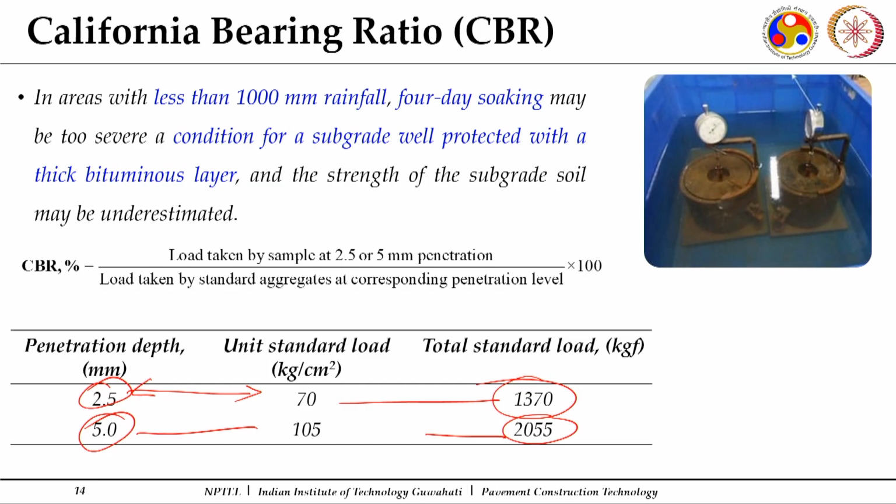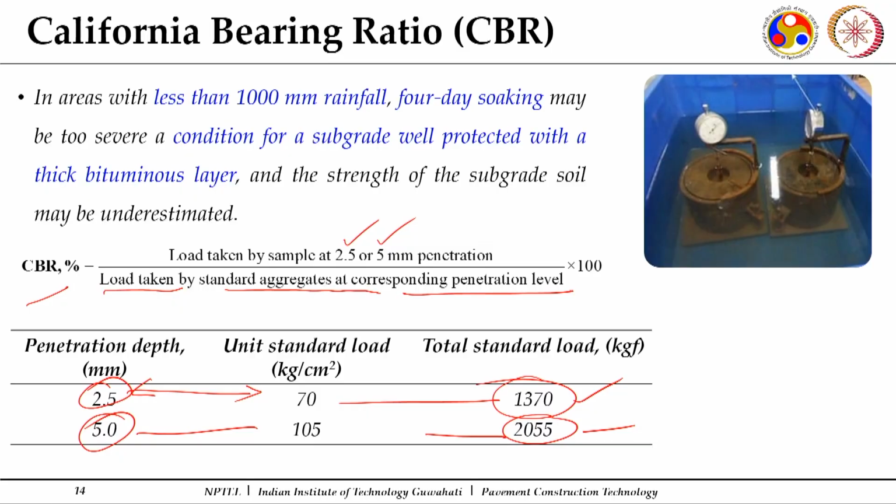So, CBR is the load taken by a sample at 2.5 mm or 5 mm penetration divided by the load taken by standard aggregates at the same penetration levels. If 2.5 is considered, then 1370 load will be considered. If 5 mm is considered, 2055, and this will help you to determine the CBR.